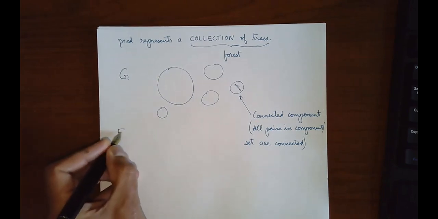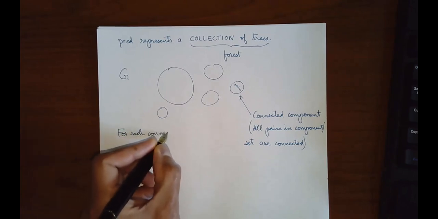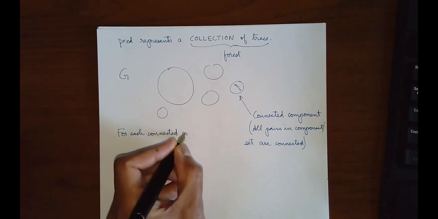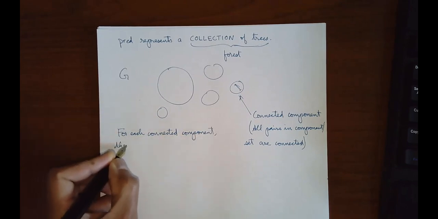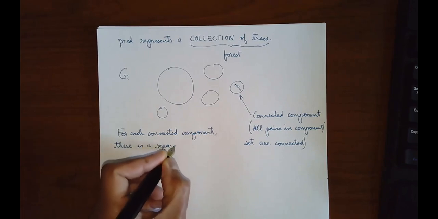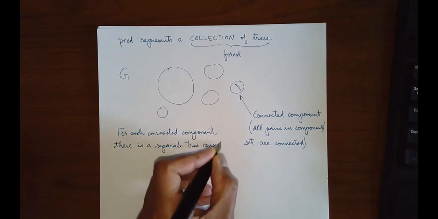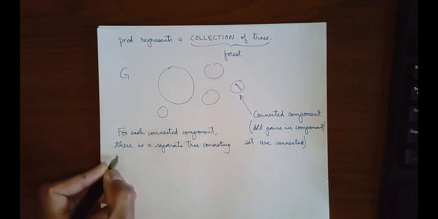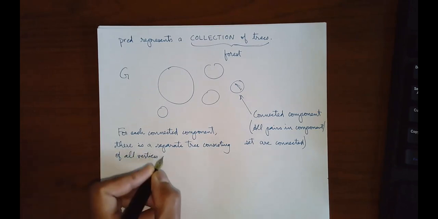Right? And for each connected component, there is a separate tree consisting of all vertices of that component.